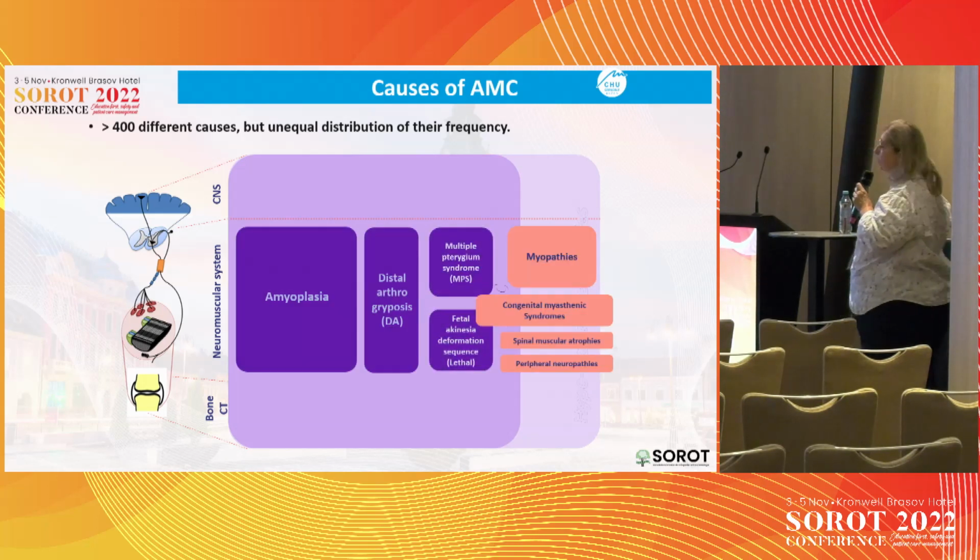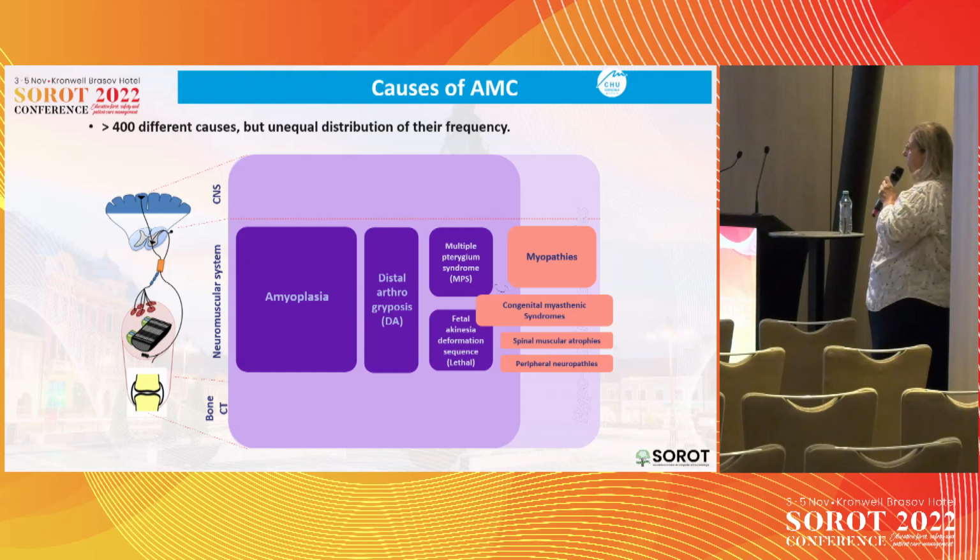So just now we know that arthrogryposis, one symptom, has more than 400 different causes. We have 3 kinds of etiology.